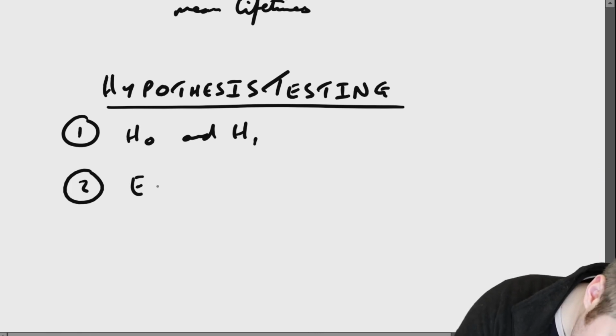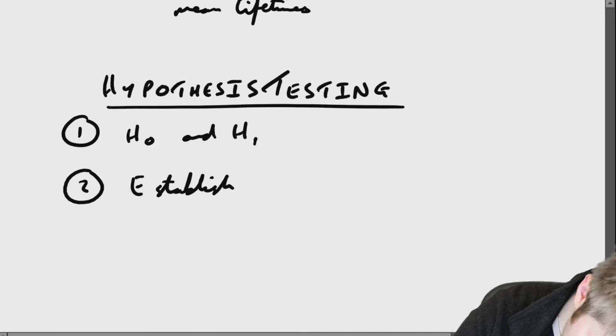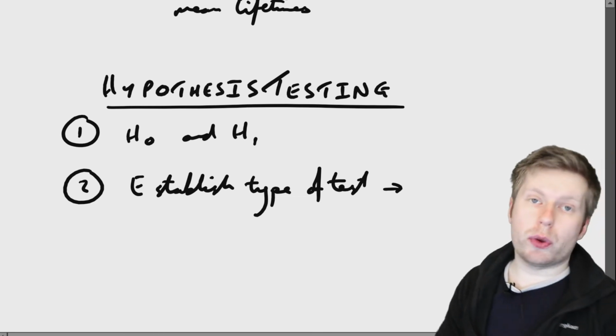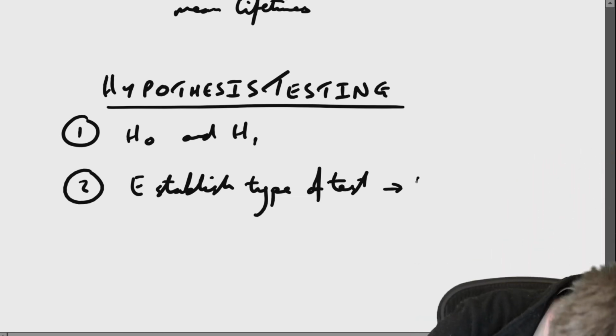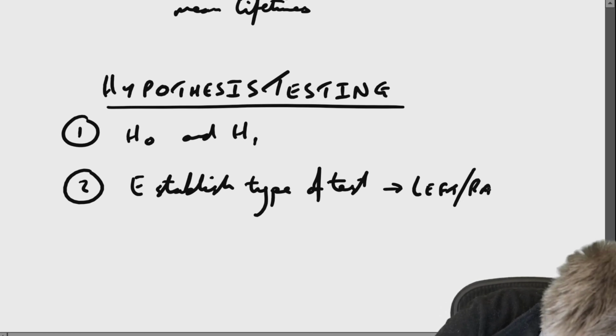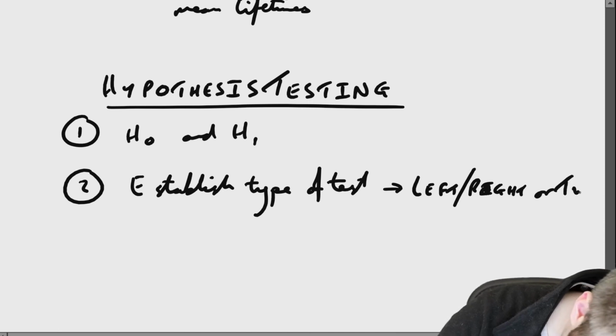Second step is that you should establish the type of test. That means, first of all, are you doing a one-tailed or a two-tailed test? So left or right-tailed, or are you doing a two-tailed test?